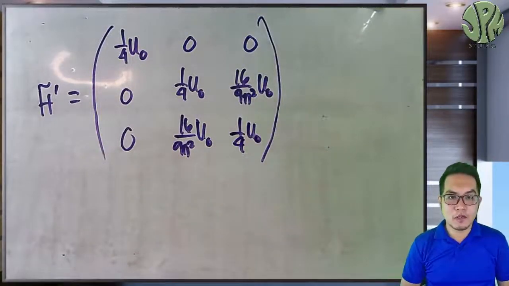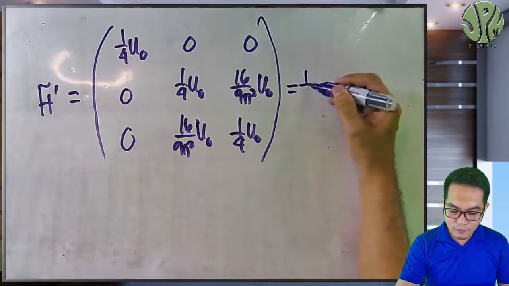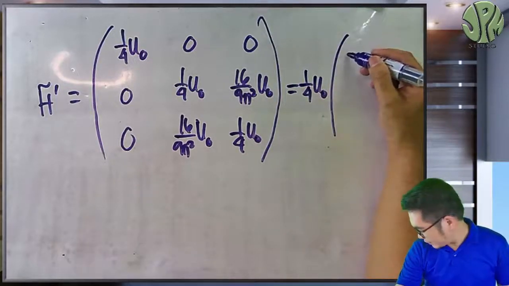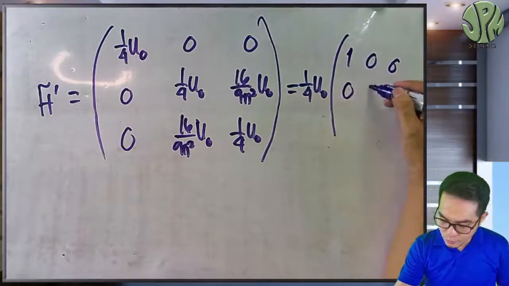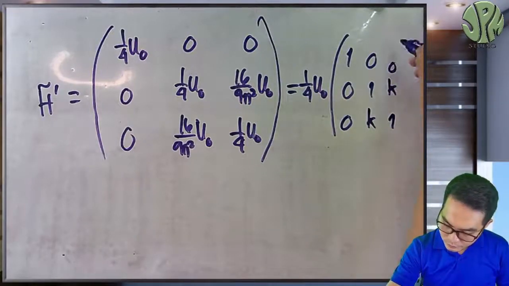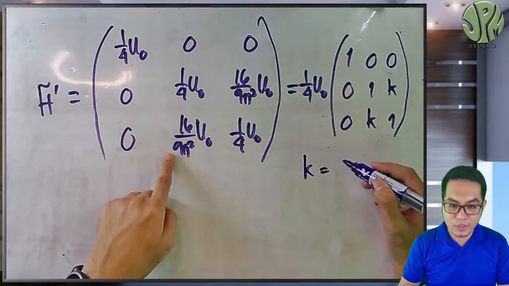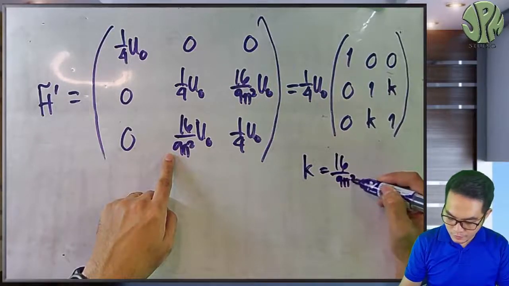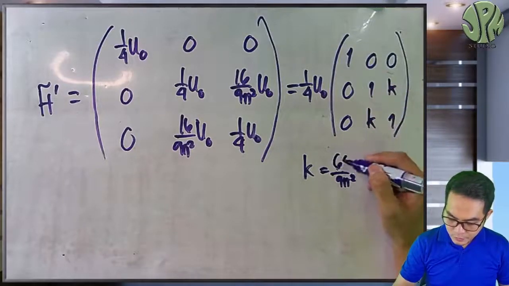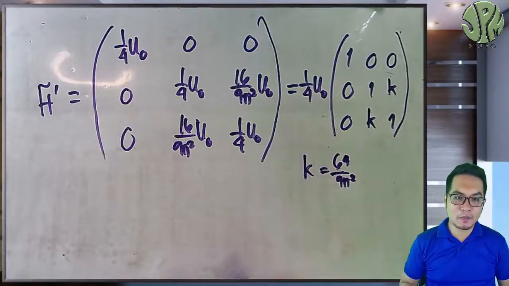So this should be the Hamiltonian that you will be getting. We can actually factor out 1/4 unit, and we can obtain a simpler version of this. We have 1, 0, 0, 0, 1, k, 0, k, 1, where k is 64 over 9 pi squared, because we take out 1/4. So this is now our Hamiltonian.